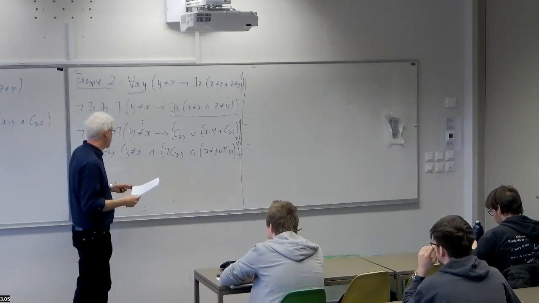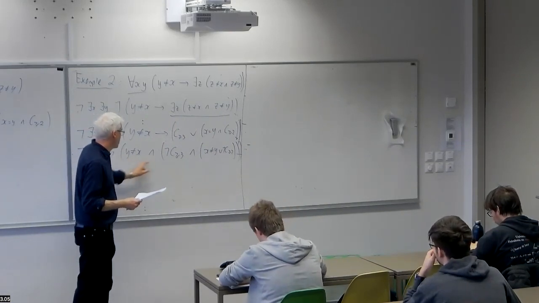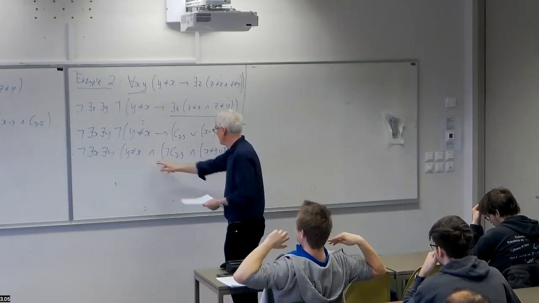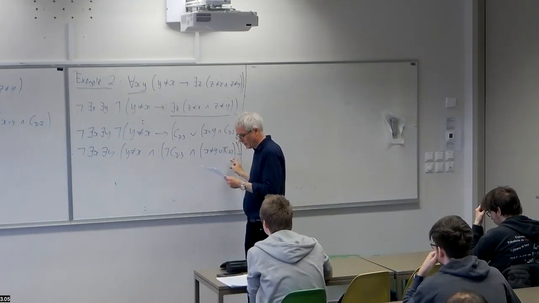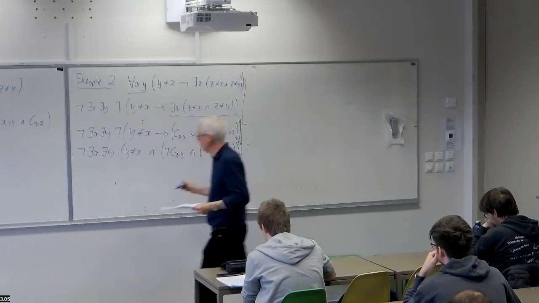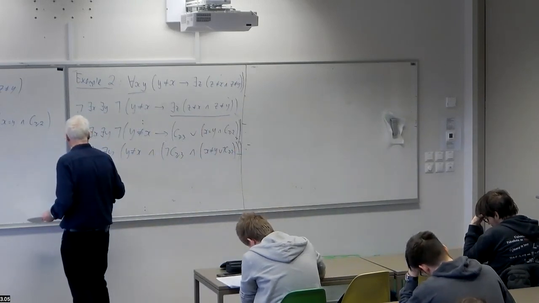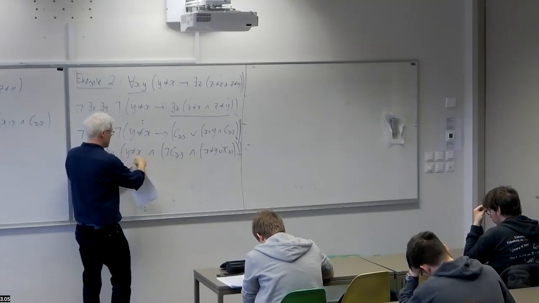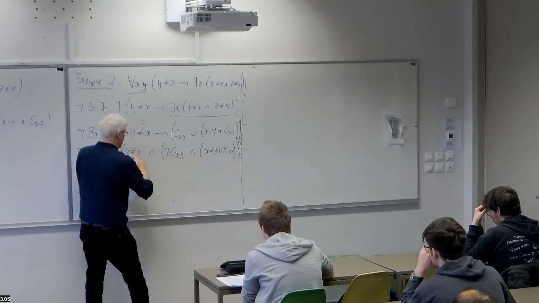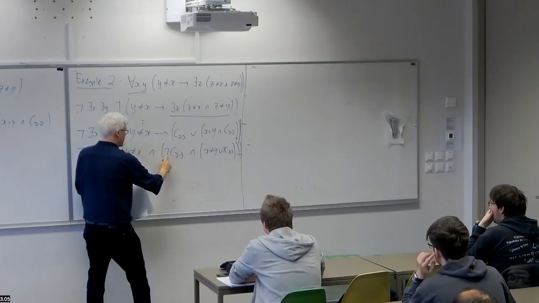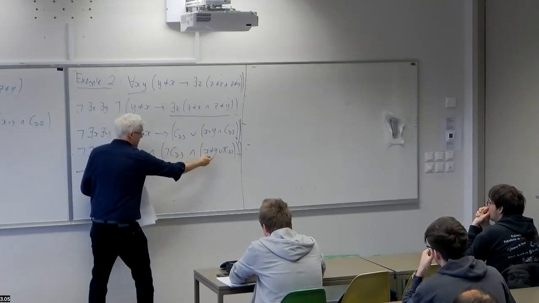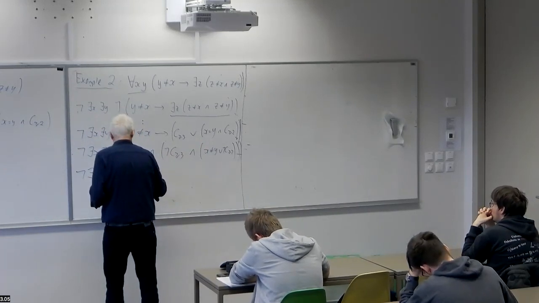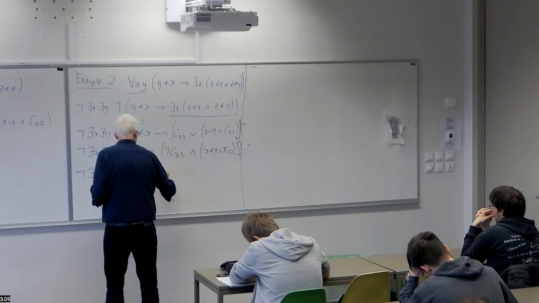Okay, so we've now got these conjunctions here, and we've got a disjunction inside. So we can distribute these conjunctions over this disjunction because we want to get the or on the outside to put it in disjunctive normal form. So we have not exists x, exists y, and the disjunction of the conjuncts here. Y is not equal to x, it's not true that c is greater than or equal to 3, and x is not equal to y, which is the same thing as y is not equal to x. So we've got y is not equal to x and not c is greater than or equal to 3.